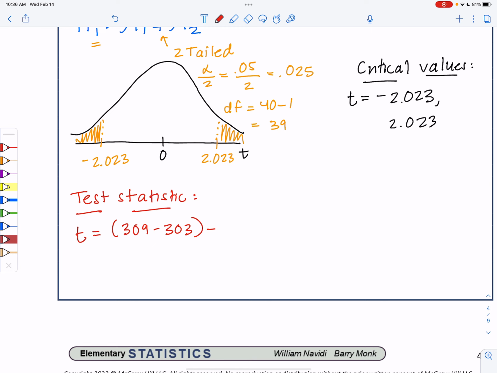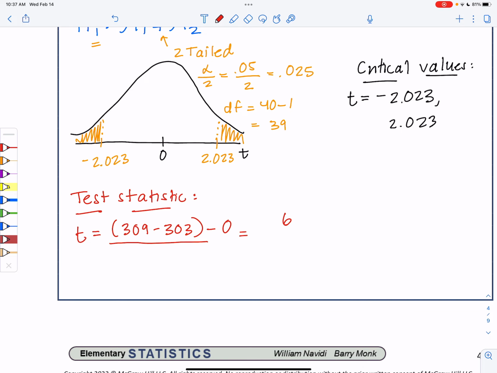We are technically comparing this against the difference between population means, but because our null hypothesis says they are equal to each other, they technically have a difference of 0. So really, all you end up looking at in your numerator for the test statistic is the difference between the sample means.